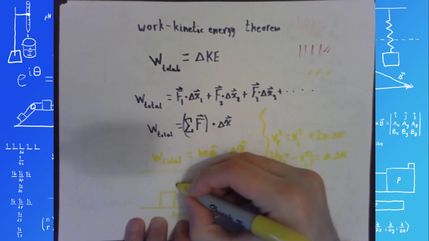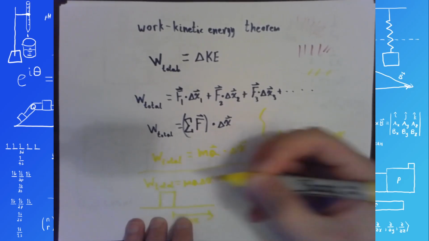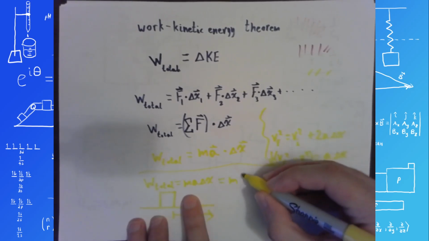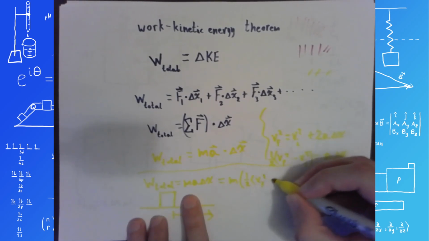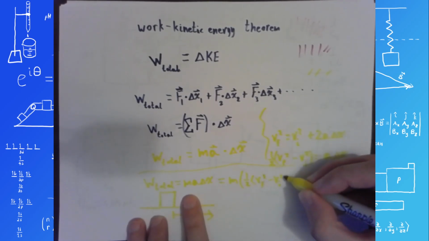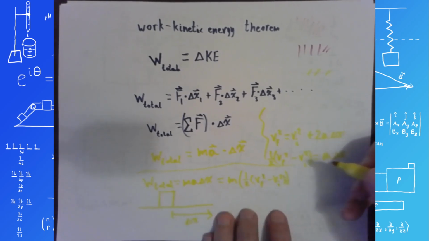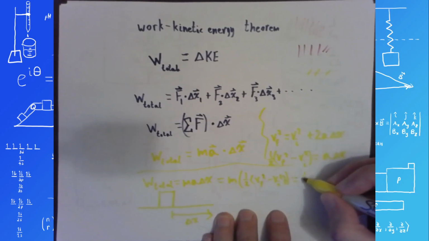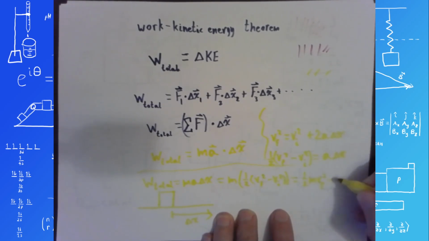So work total equals ma delta x equals m times 1/2 v final squared minus v initial squared. And if I distribute the m and the 1/2, I get 1/2 m v final squared minus 1/2 m v initial squared.